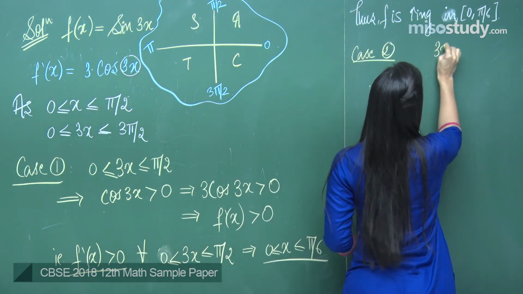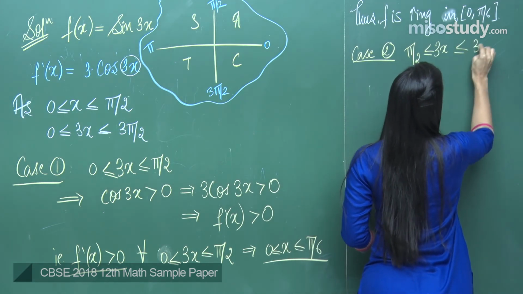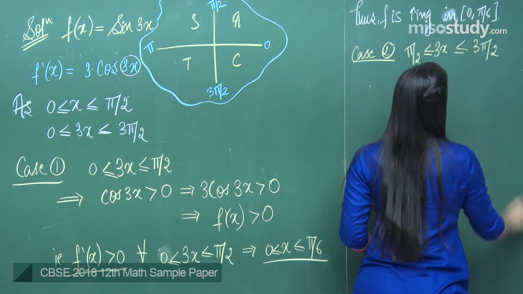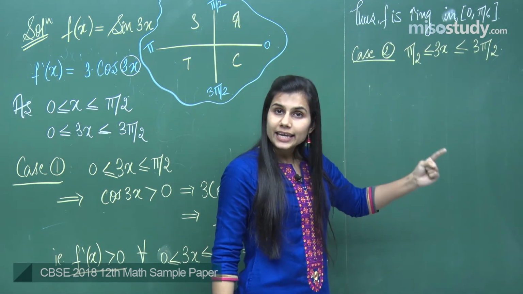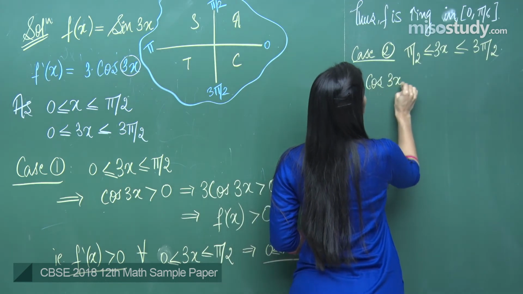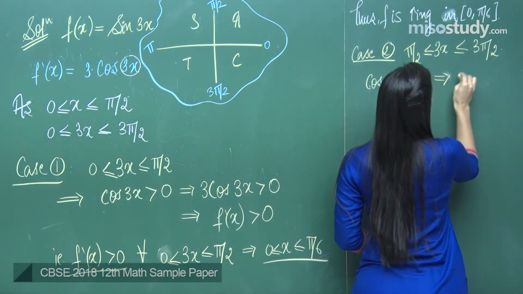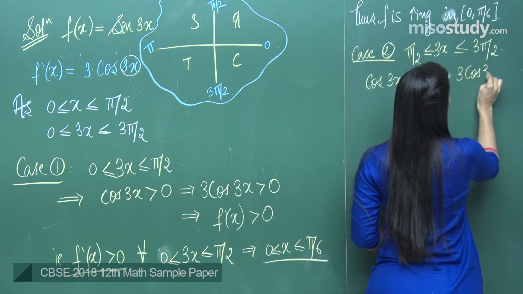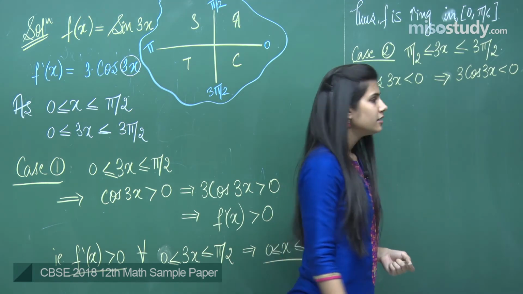That is when 3x is greater than or equal to pi by 2 and less than or equal to 3 pi by 2. That means when the angle is ranging in the second or the third quadrant, definitely cos of that angle will be negative, because 3 is a positive quantity, so 3 times cos 3x will not change the inequality.